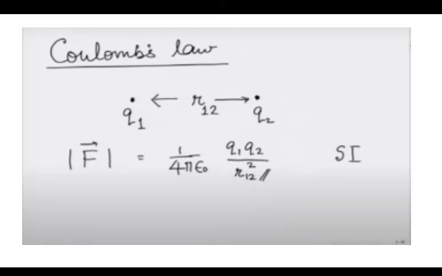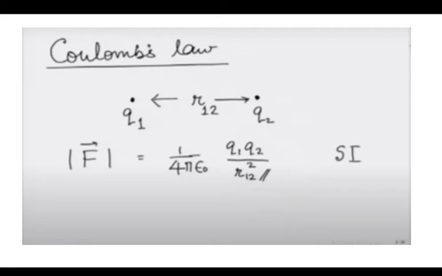Again, this force is directly proportional to the product of the two charges q1 and q2, and inversely proportional to the square of the distance between them. That is according to Coulomb's law.